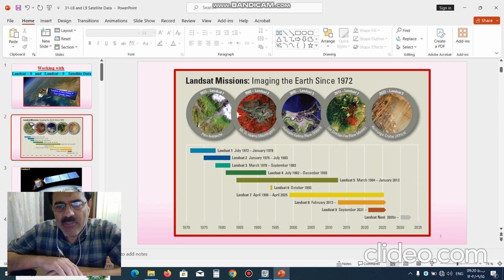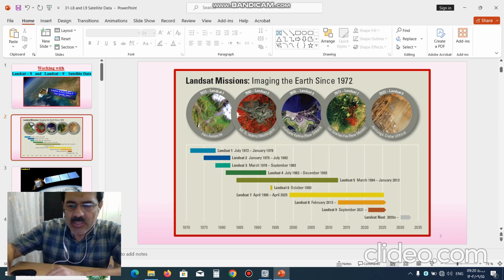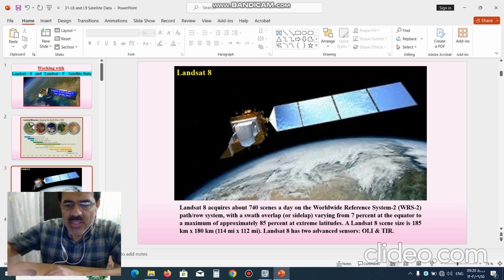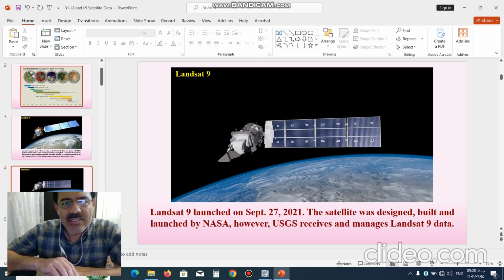Landsat 8 from 2013 and Landsat 9 from 2021. In this slide we can see the characteristics of Landsat 8, and this slide is showing the characteristics of Landsat 9.